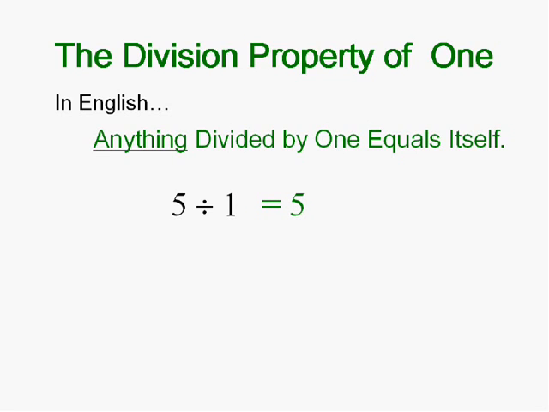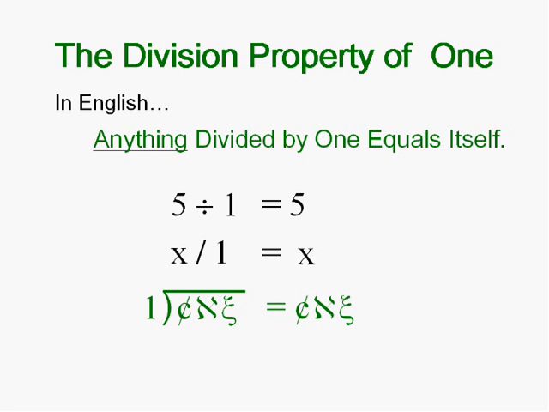I know you knew that, but note that anything divided by 1 is itself. X divided by 1, don't let that scare you, is X. Even if you don't know what something is, divided by 1 is whatever that is. Anything divided by 1 equals itself.